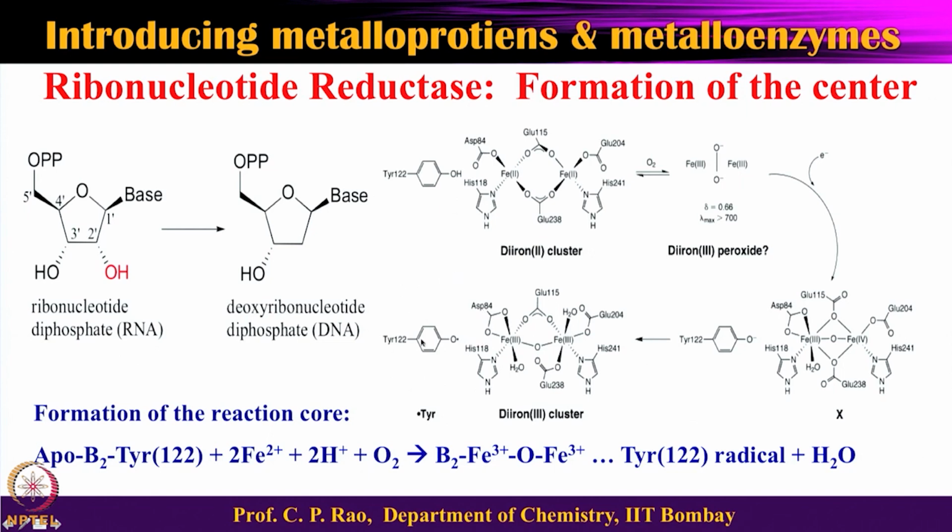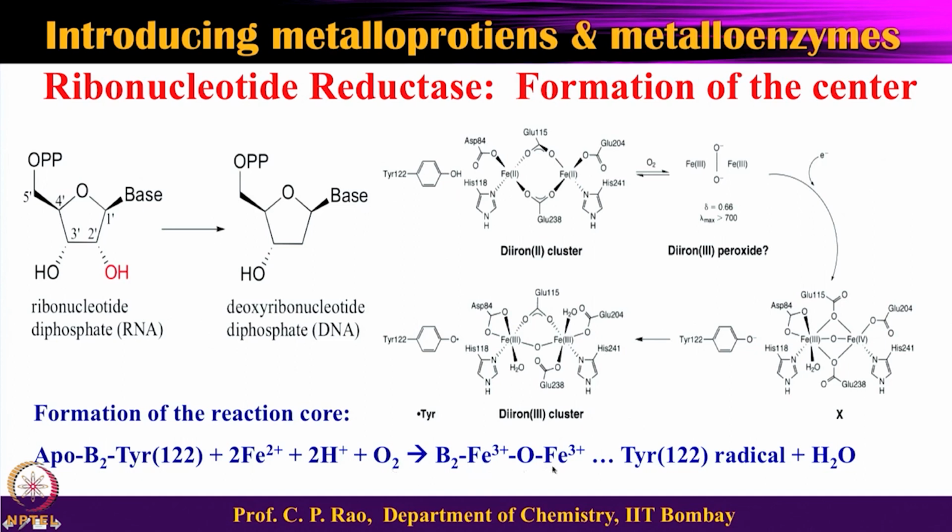And as I told you, and I repeat, the radical and this oxidized center are both essential for the catalytic activity, otherwise there is no reactivity. So, whatever I said, let me put in a slightly different format. I take an apoprotein and to that you add iron 2 plus, and then when you expose it to oxygen, you get iron 3 oxo iron 3.